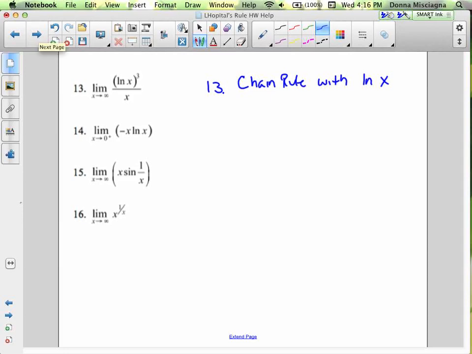So the chain part is the blob cubed, right? So you're taking the derivative of blob cubed. That's technically a power rule, so I'll put power rule in there. Power rule and natural log of x, because you've got blob cubed, take that derivative, and the blob stays the same, and then take the derivative of the blob. The blob is natural log of x. And then in the denominator, you simply have a nice, easy power rule.